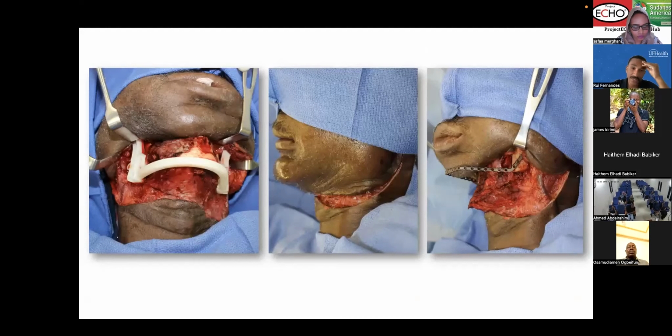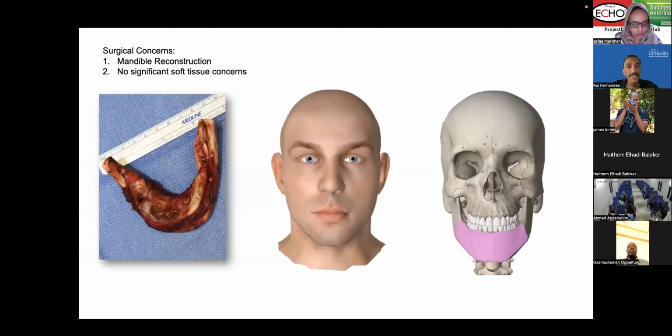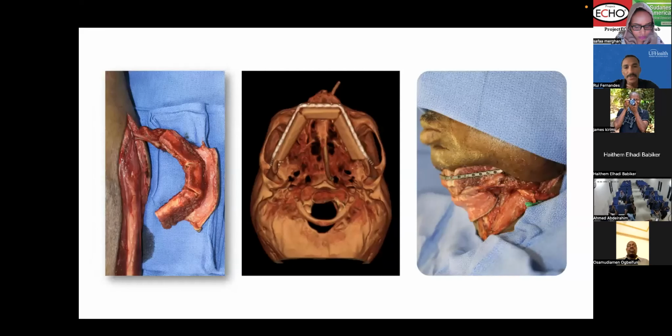And you see here we have the cutting guides. We do the resection, so we take almost the entire mandible. There's no soft tissue component for him. So all we have to do in this case is simply reconstruct the mandible. We do that with the fibula and a small skin paddle. And this is him afterwards.